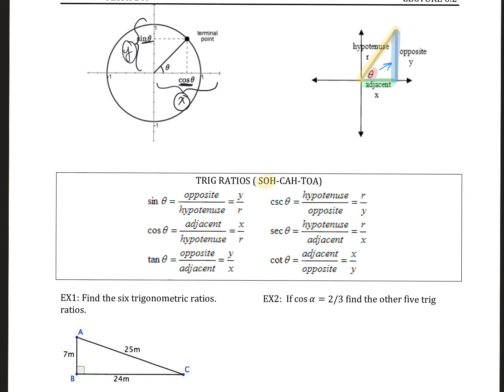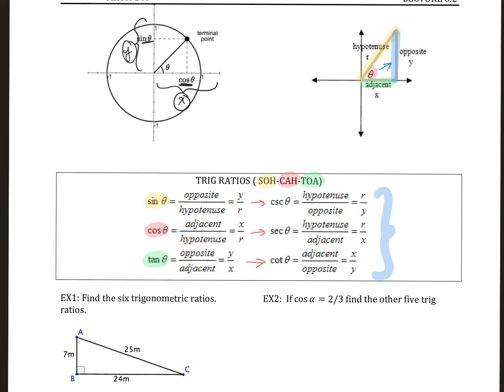SOH is talking about sine, CAH is talking about cosine, and TOA is talking about tangent. You might say, well, what about the other three? Why don't they have a special one? The reason is because they are basically created by taking the reciprocal of these three. And because of that, we don't really need to have a special way to find those.